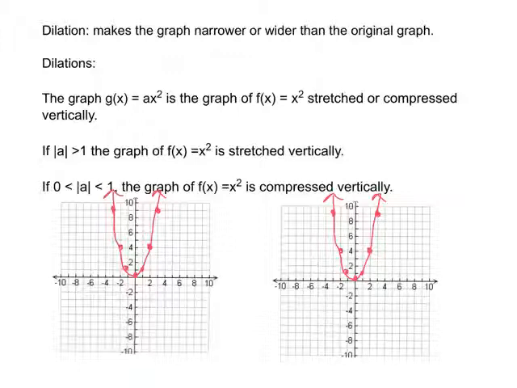If I have that g of x equals 3x squared, then since I have the absolute value of 3, which is greater than 1, I'm going to have a wider parabola.